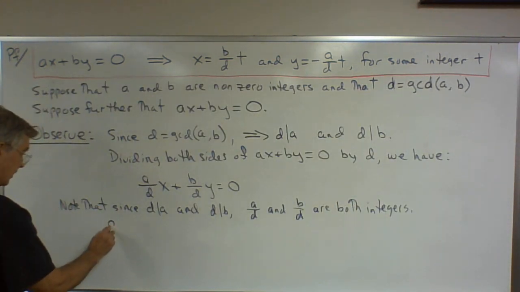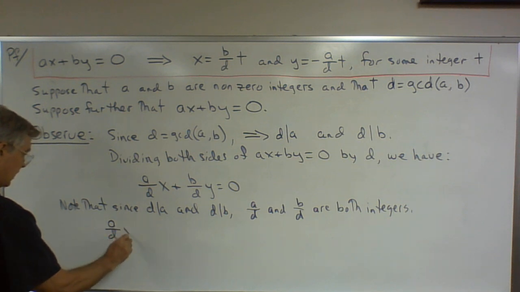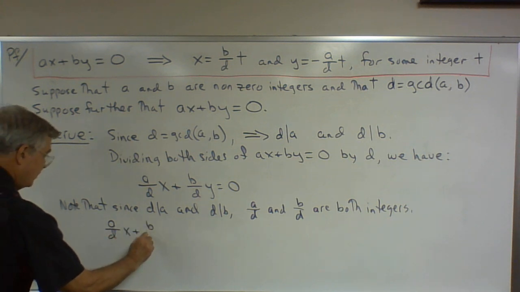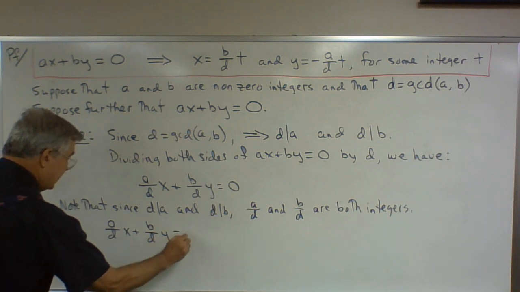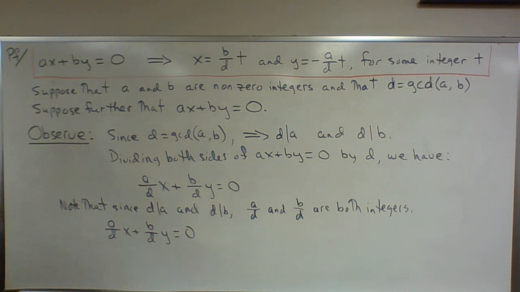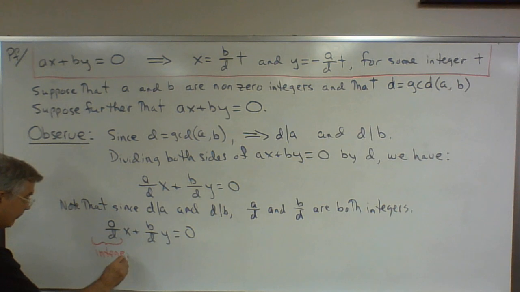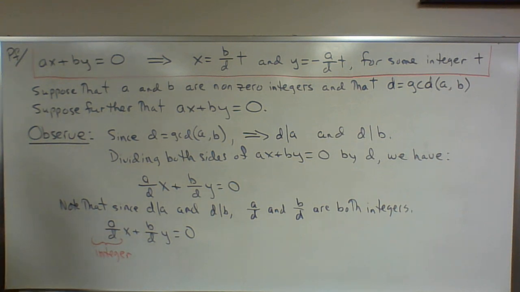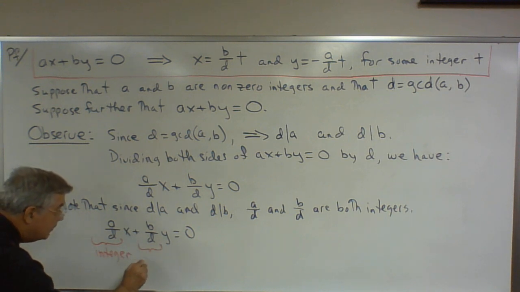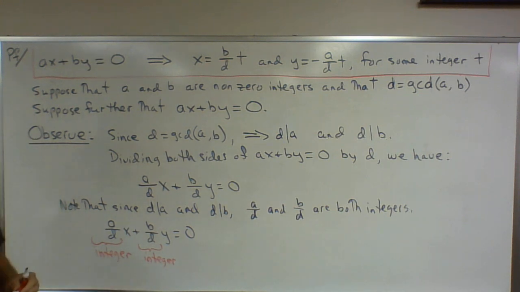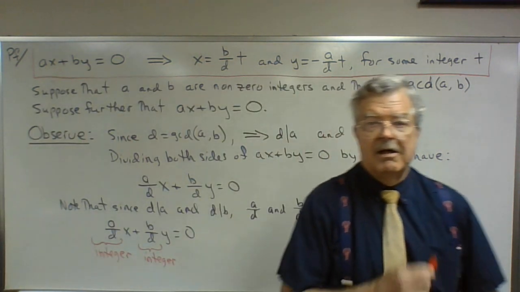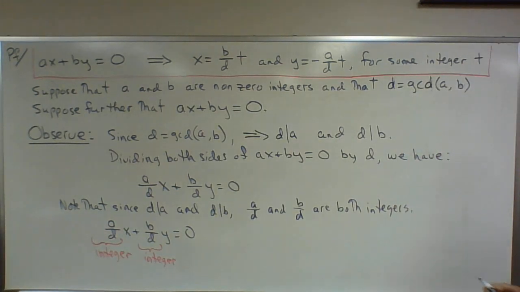So what does that mean? a over d, x plus b over d, y equals 0. And a over d is an integer. b over d is an integer. That's going to be important.